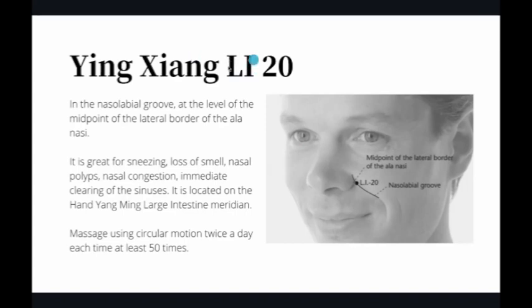So large intestine will be called LI. If you go on to Google, you're able to key in LI20 acupressure or acupuncture, and then you will see the list of functions that it has. So this is very handy. When you know the numbers, it's very handy to find the function of the point.